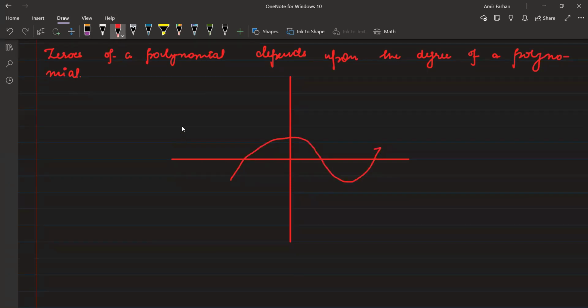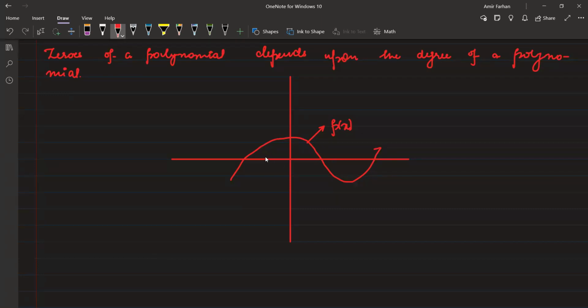Can anybody tell me how many zeros there will be of this polynomial? This is the polynomial graph of p of x. Adil, do you know? Madiha, do you know? How many zeros will there be? 3. 1, 2, and 3.